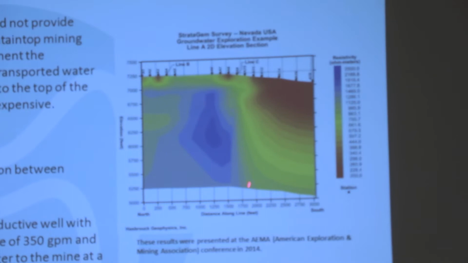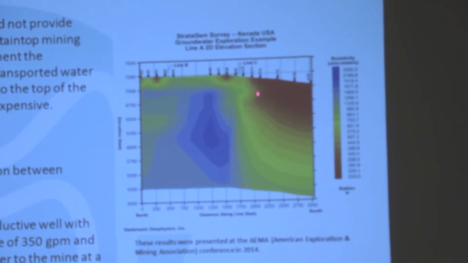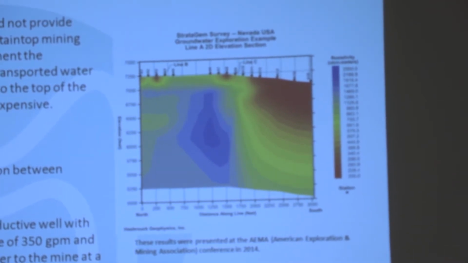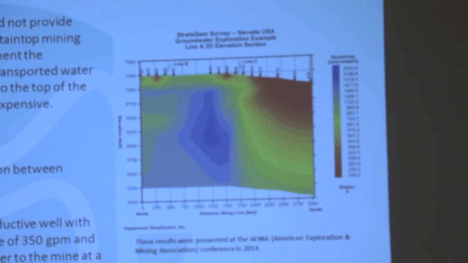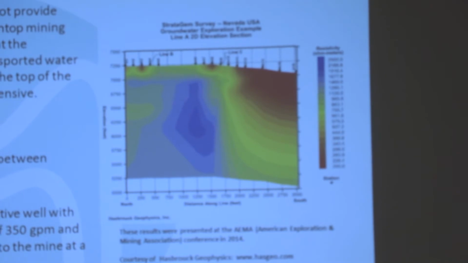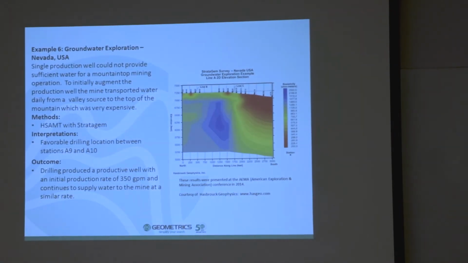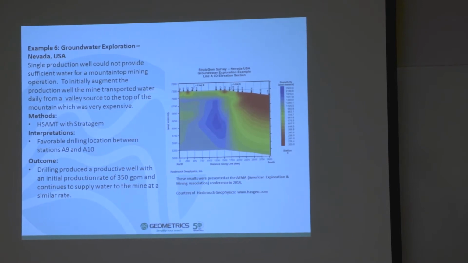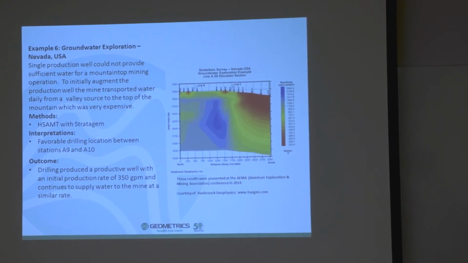There was a well drilled here, produced 350 gallons per minute, and the application was actually for a mining operation, but the mining operation needed water for its processing, and the local water was not sufficient. This new well provided sufficient water for those operations.